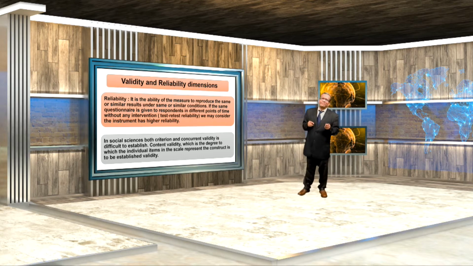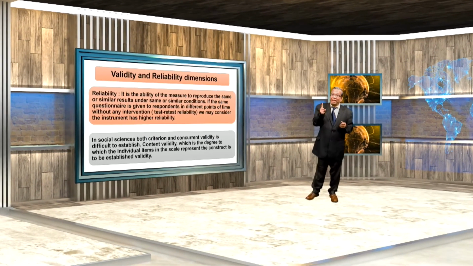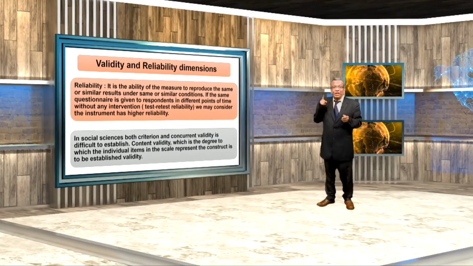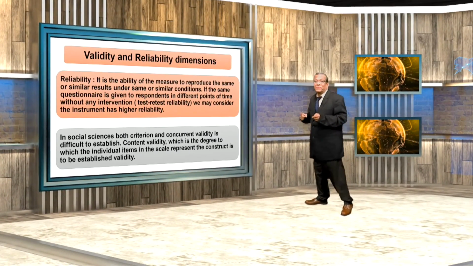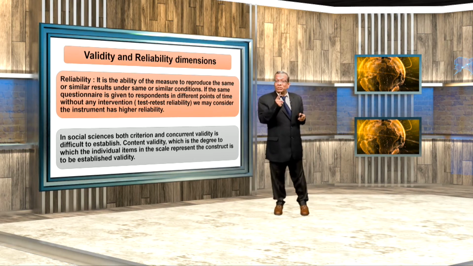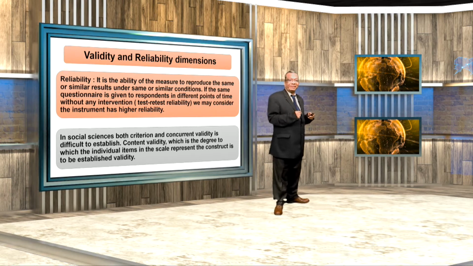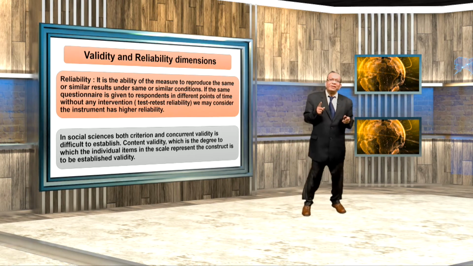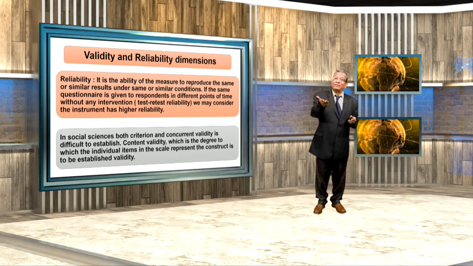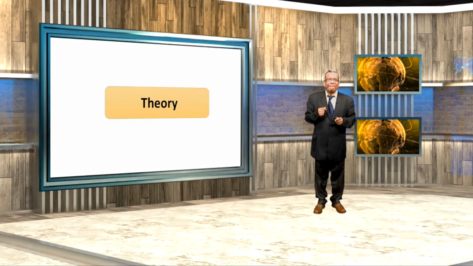In social sciences, both criterion and concurrent validity are difficult to establish. Content validity, which is the degree to which the individual items in the scale represent the construct, is to be used to establish the validity. Therefore, content validity is very important for you before you start using your instrument.